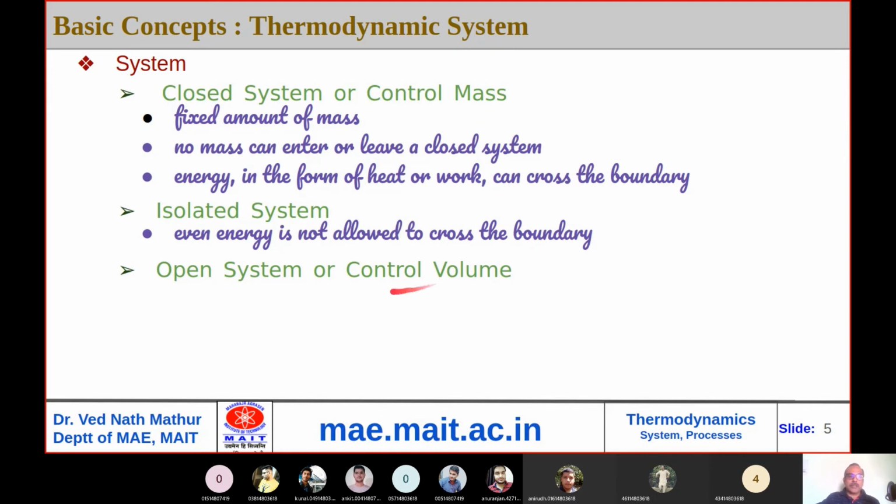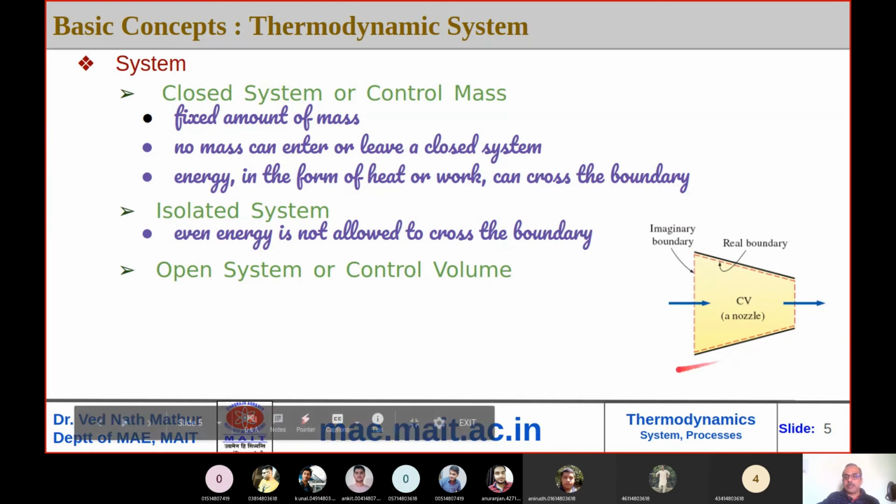The other type of system is an open system or control volume. Say there's a nozzle and some fluid is coming into the nozzle, and some processes are taking place. This can be heating up of the fluid, an increase in the velocity, or a decrease in the pressure. If we are interested in all those processes, we'll consider this region of space for the purpose of study.